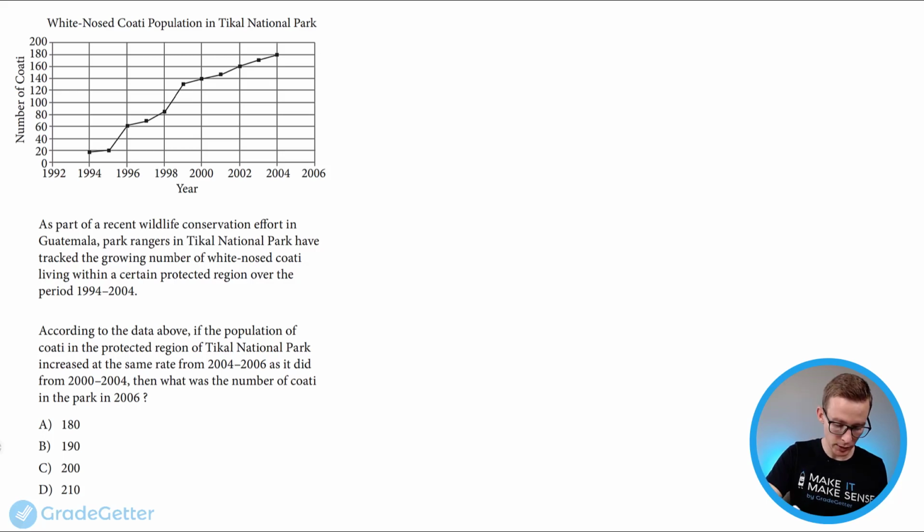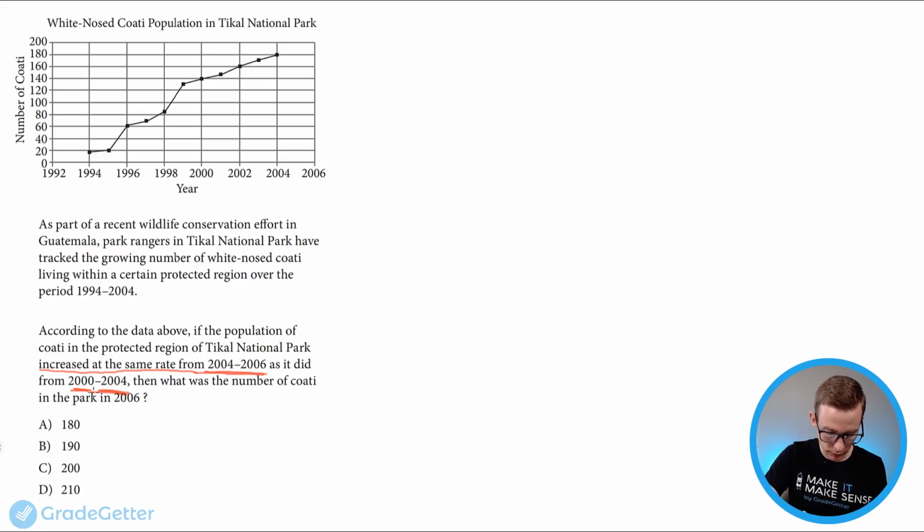So, according to the data above in this graph, if the population of coati in the protected region of Tikal National Park increased at the same rate from 2004 to 2006 as it did from 2000 to 2004, then what was the number of coati in the park in 2006?